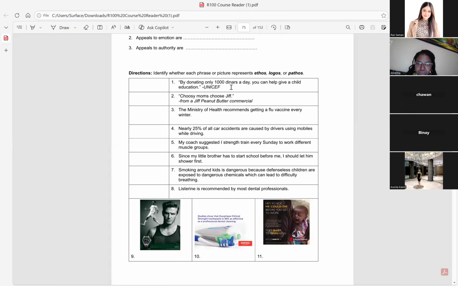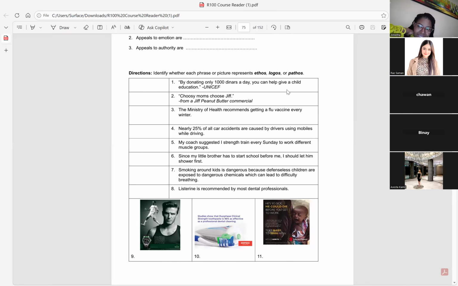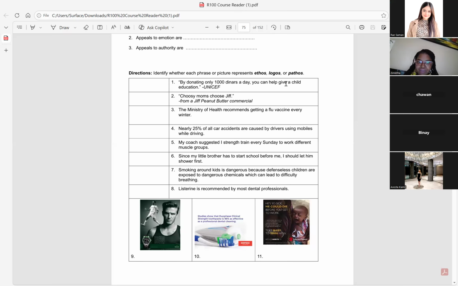I think it's pathos because it's emotional, right? Yes, it can be pathos because it can give a child an education. Why is it pathos? What is it about that sentence that is emotional? What can you identify with as a person within that sentence, Raz?